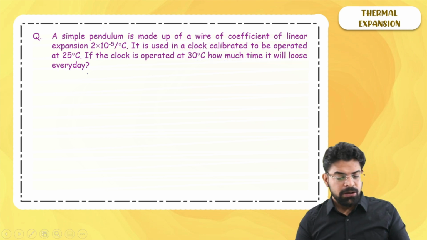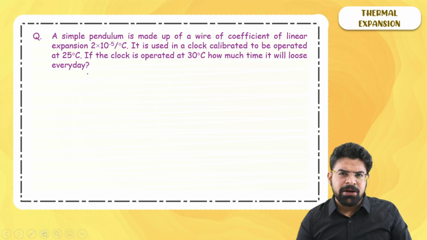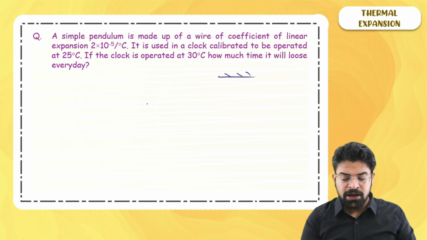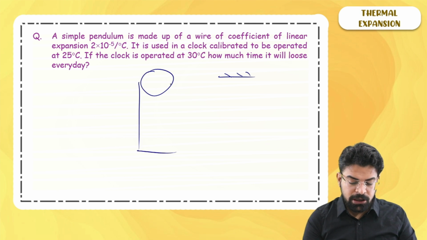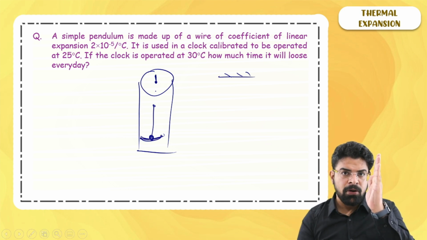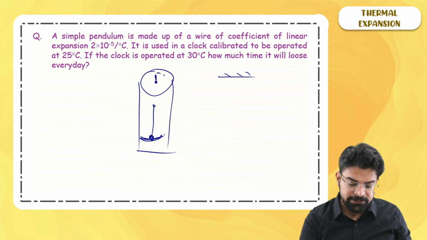So first thing that you should keep in mind, how do you know, sir, it will lose time? See beta, how does a grandfather clock work? In a grandfather clock, there is a pendulum. The pendulum swings, and as the pendulum swings, the second hand on the face of the clock ticks.